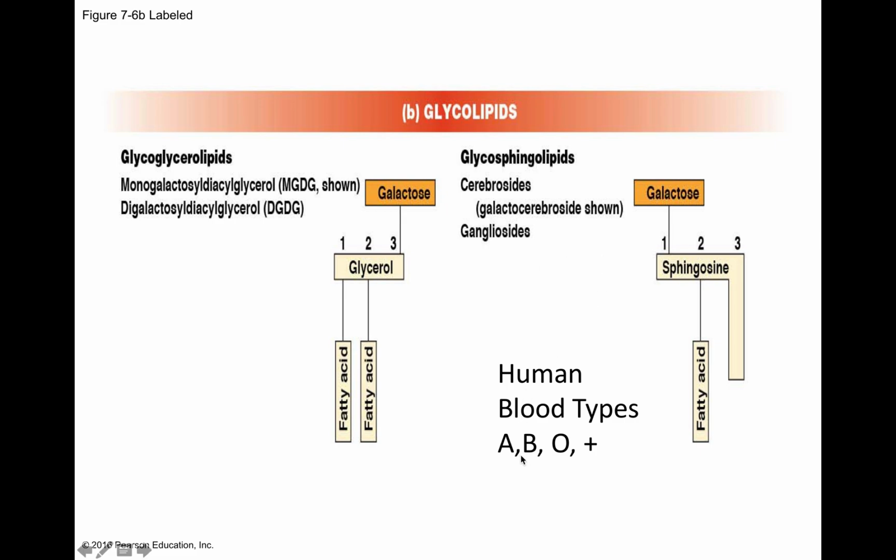So blood type A people have antibodies against the B carbohydrates. Blood type B people have antibodies against the A carbohydrates. And blood type O don't have antibodies against either A or B.